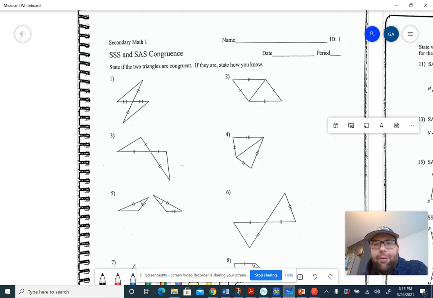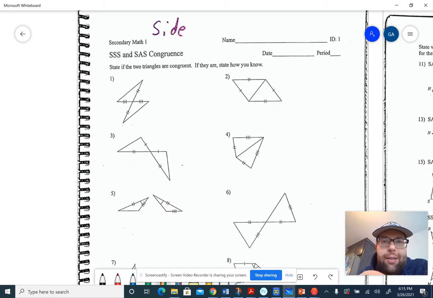Obviously, there's a lot more than three pieces to a triangle because each triangle has three different sides and three different angles, right? So the first two theorems we're going to talk about today are side, side, side, and we'll throw another side in there. And let's do a less colorful, let's just do a blue pen.